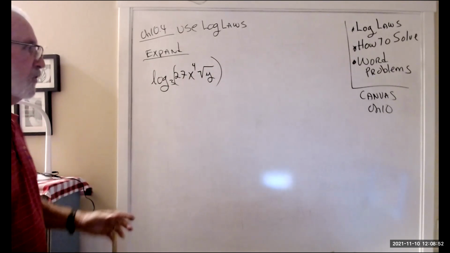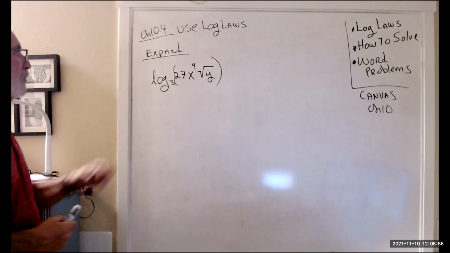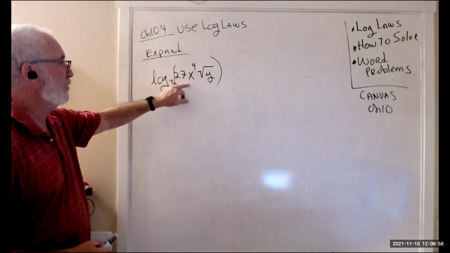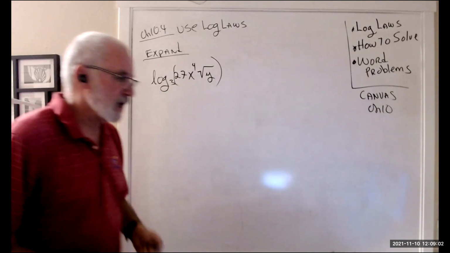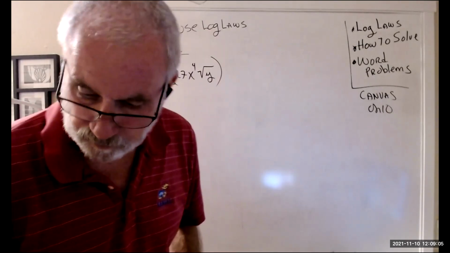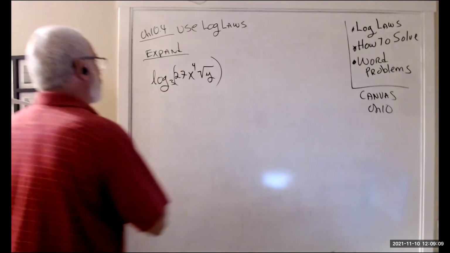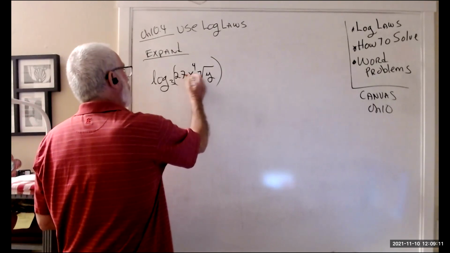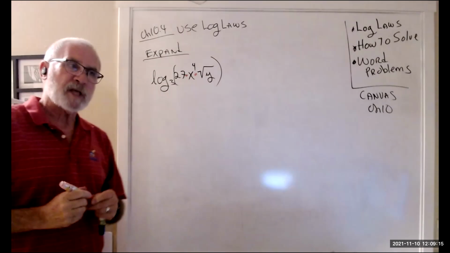So I'm going to show you on this particular one: log base 3 of 27 x to the 4th times the square root of y. Well, the first thing I notice is these are all multiplying. So what was that product rule?